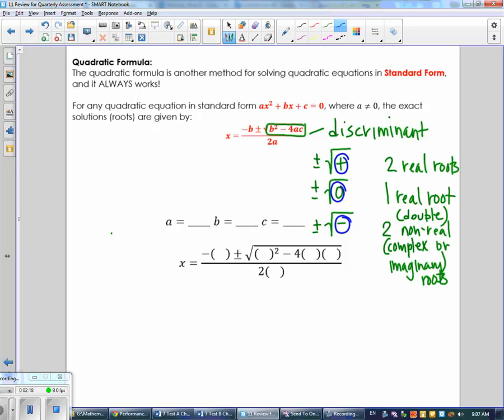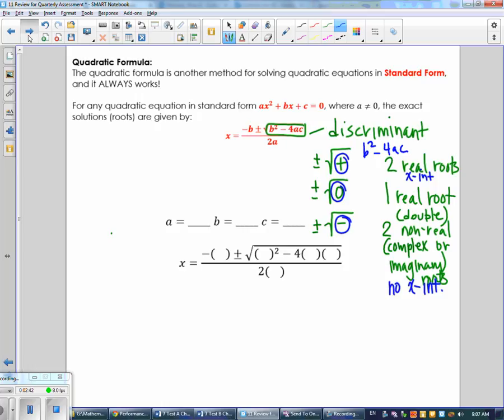It's just that b squared minus 4ac. 2 real roots mean that I have 2 x-intercepts. 1 real root means that I have 1 x-intercept, and it means that the vertex is the x-intercept. And then if I have 2 non-real roots, that means there are no x-intercepts. Okay, so that's what it would look like graphically.